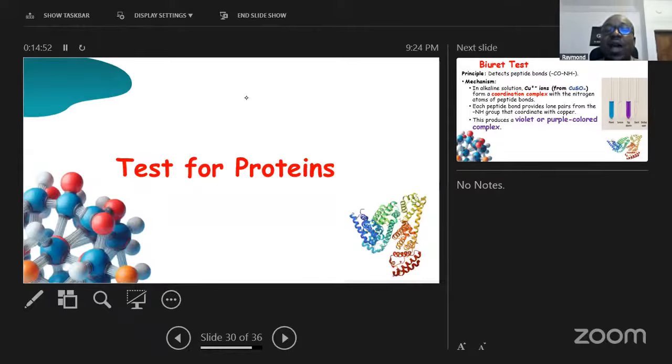They might even tell you this supplement is rich in proteins. So you can actually take those supplements and test them to see if there is protein present.